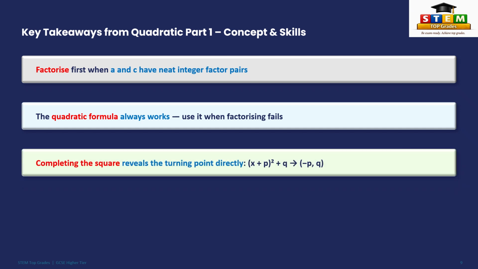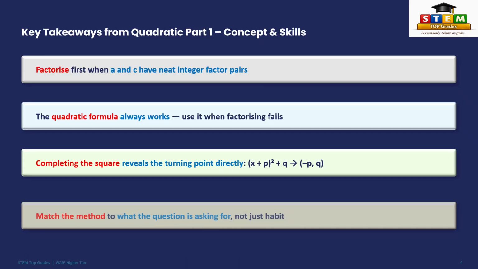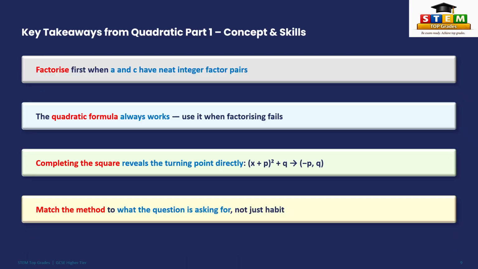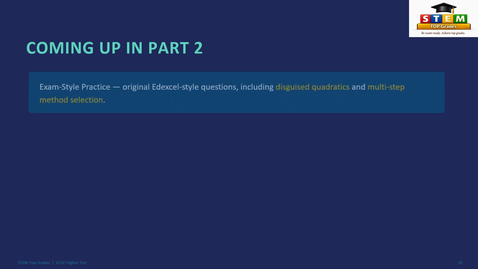Completing the square reveals the turning point directly, and match the method to what the question is asking for. It's not just a habit. You need to be able to do that while you look at the question in front of you. Coming up in Part 2: exam style practice, original Excel style questions including disguised quadratics and multi-step method selection.